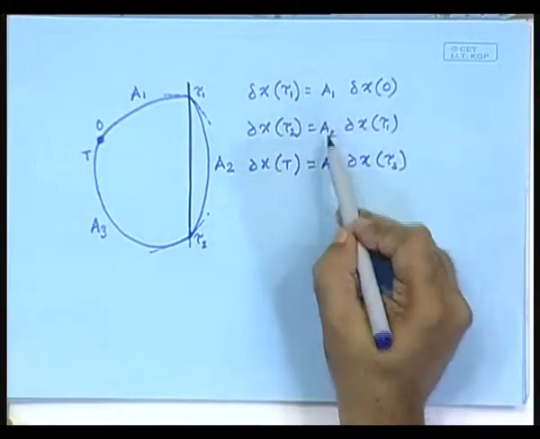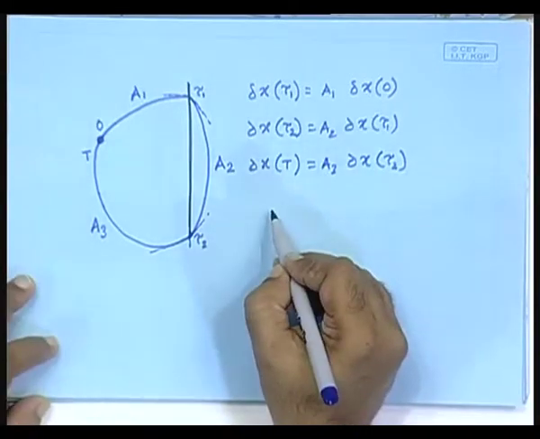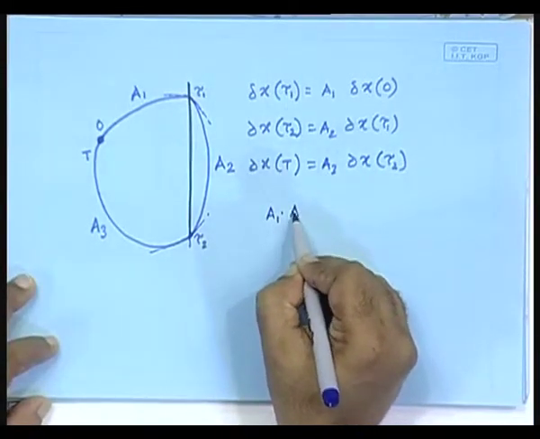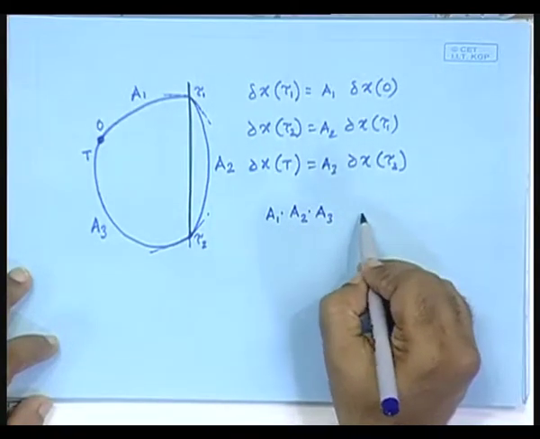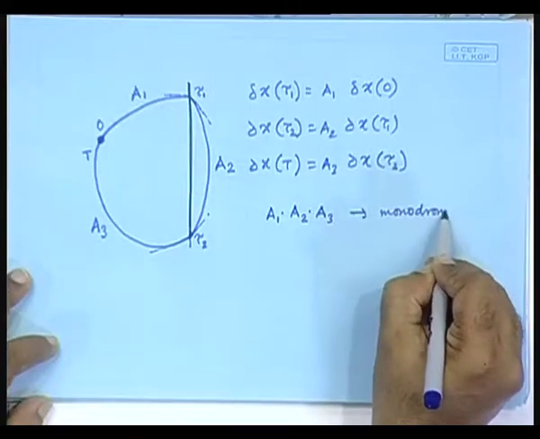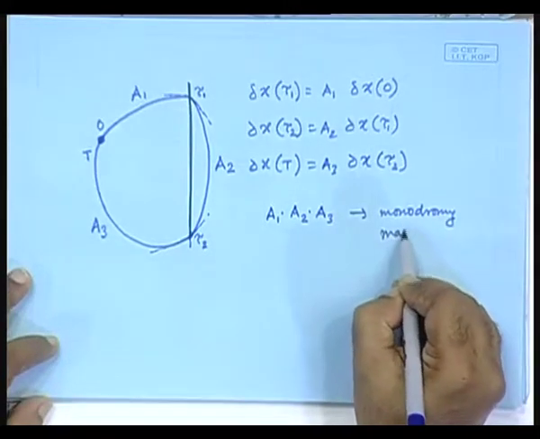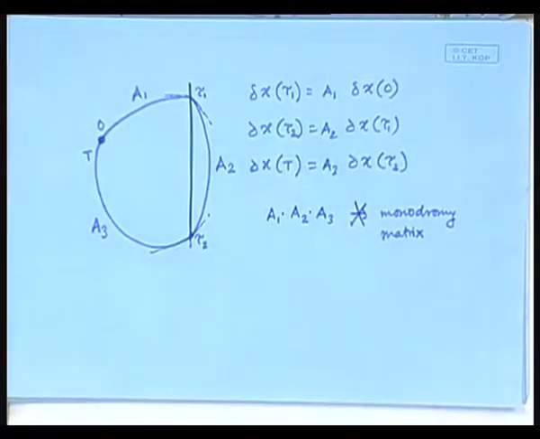If this is how A1, A2 and A3 are defined, then you cannot say that the product A1, A2, A3 is actually equal to the monodromy matrix.